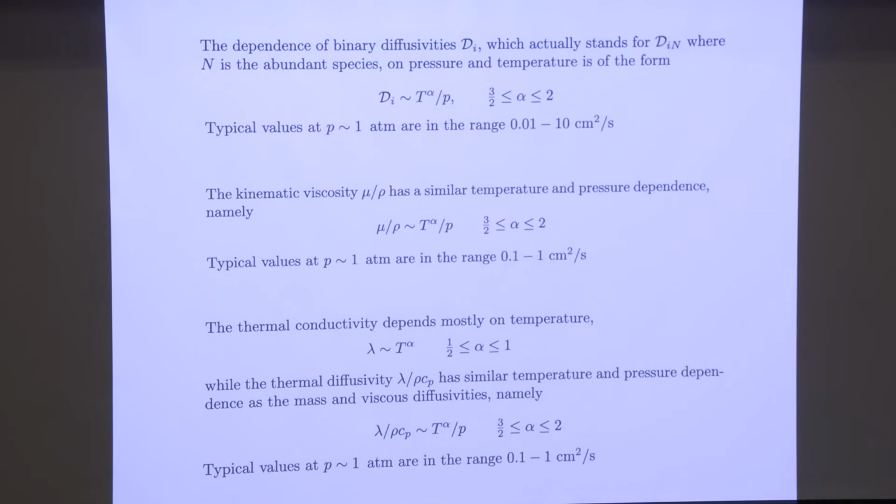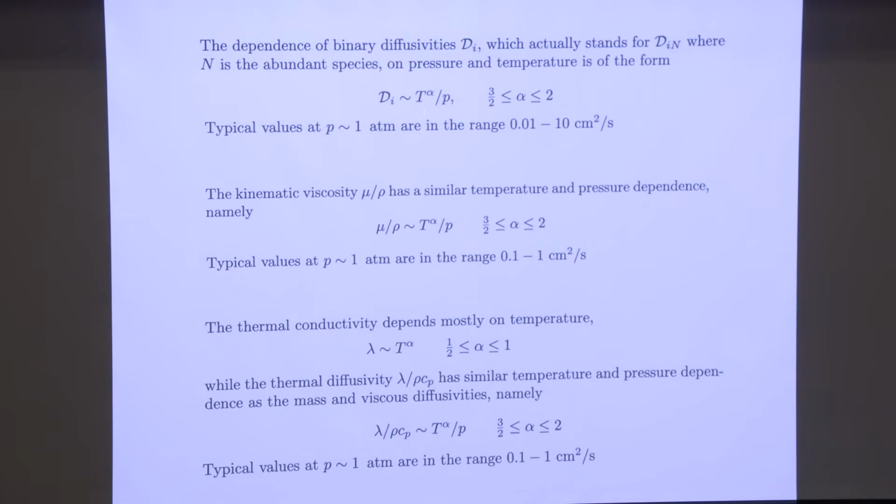The viscosity behaves similarly, with an exponent between 1.5 and 2. This is all based on experimental or measurement data. The thermal conductivity goes like T to a power between one half and 1. Typically it's 0.7, but anyway, it's in that range. And so the thermal diffusivity is again between 1.5 and 2.